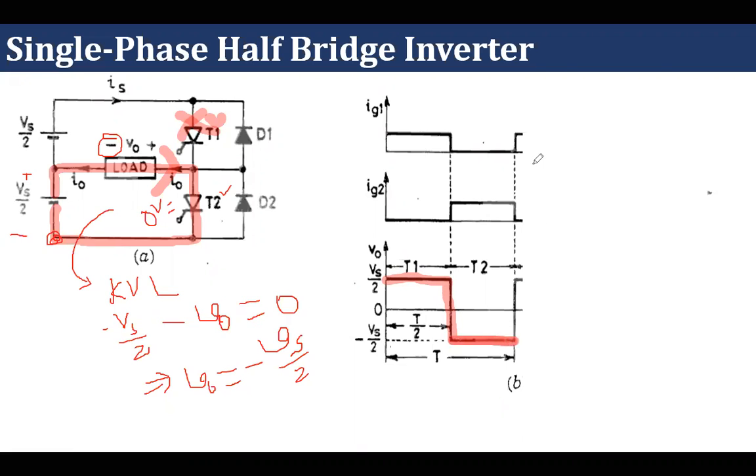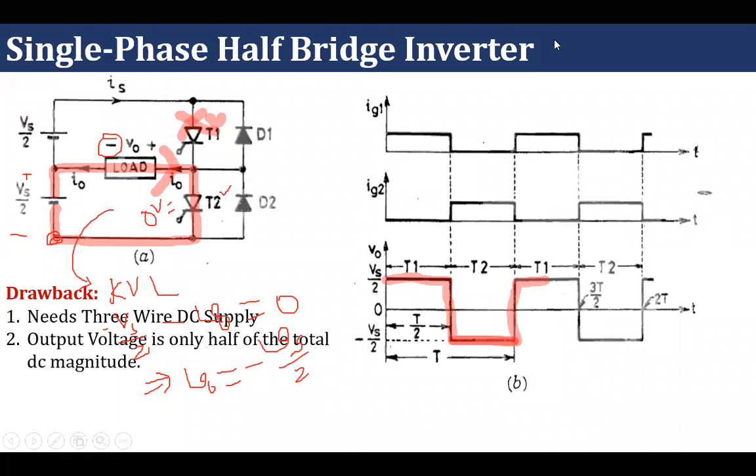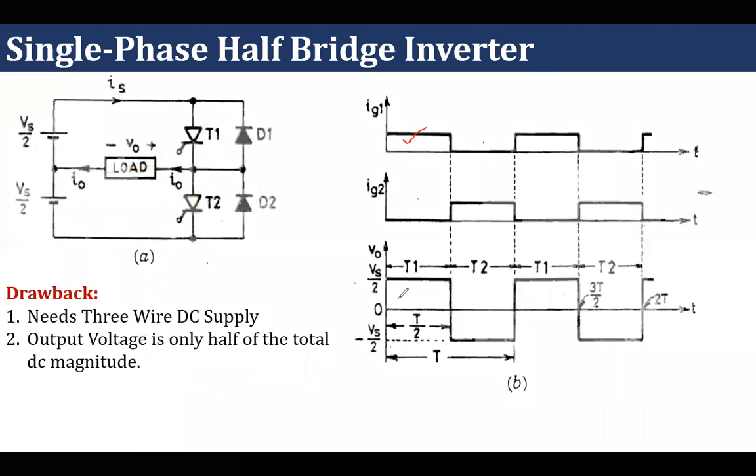Again in the next time we give gate pulse to device number 1, and now device number 2 is off, and so we'll get the voltage positive, that is plus Vs upon 2. So this will be the outcome. Whenever device number 1 is on, output is plus Vs upon 2. Whenever device number 2 is on, output is minus Vs upon 2, again plus, again minus, and so on.